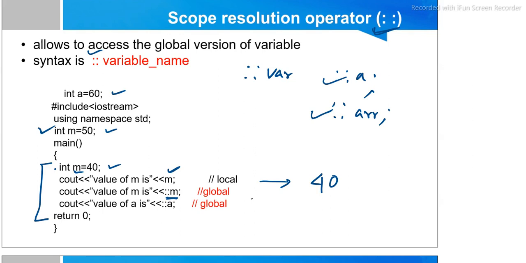That's why it will access the globally declared value of m, and it will display 50. Similarly, the third cout has the scope resolution operator, then a. It will directly access the value declared globally outside our main function and display the value of a, that is 60. So this is the main syntax behind the scope resolution operator: the scope resolution operator, then the variable name.